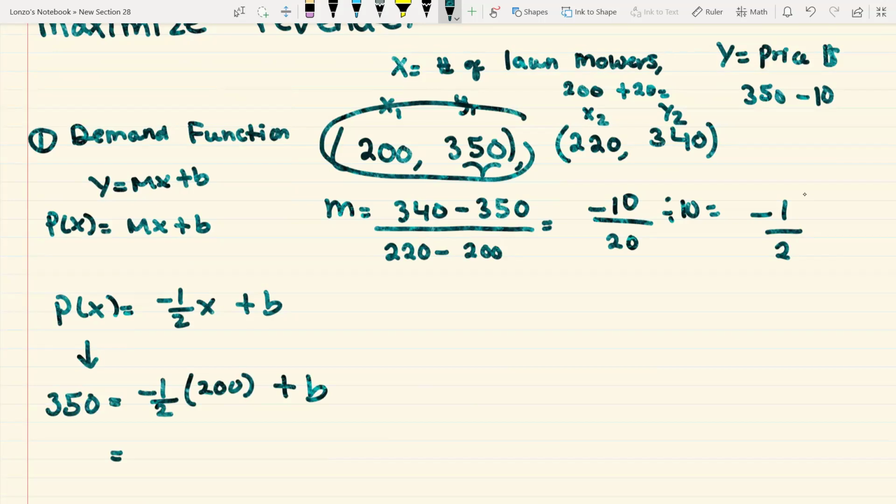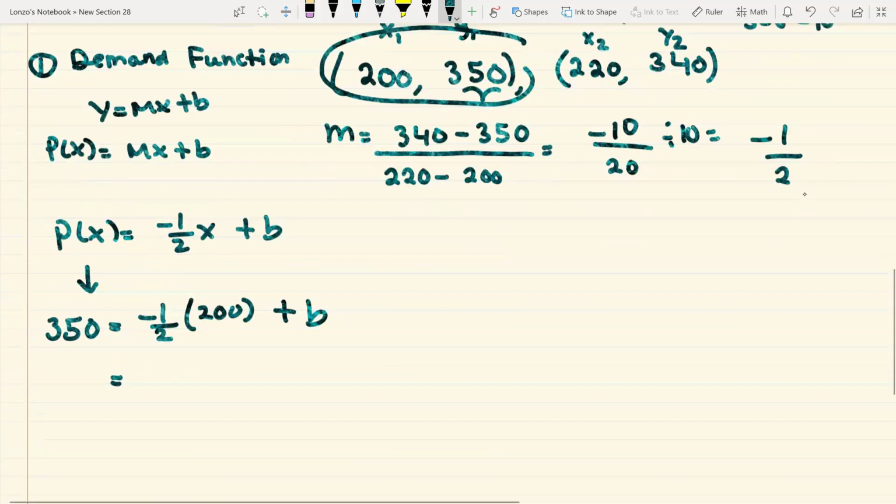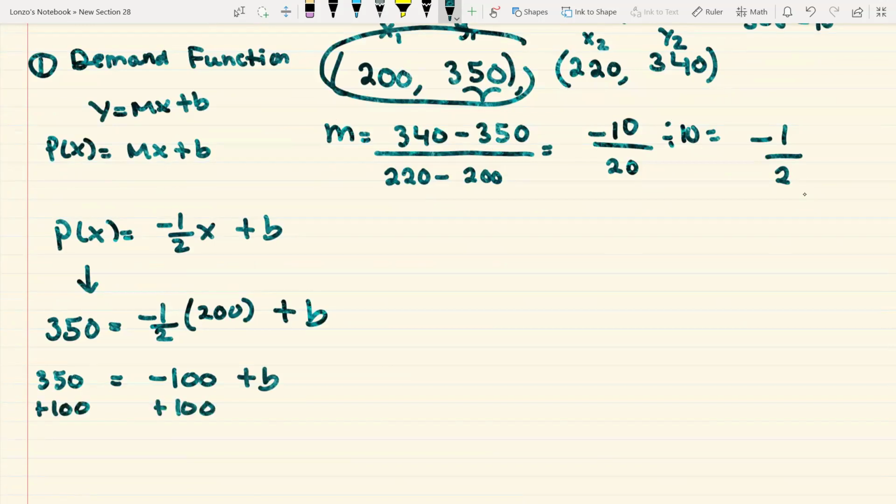So what's negative 1/2 times 200? It is negative 100. Okay, good. Continue solving for b. So you're going to add 100. My b is 450.